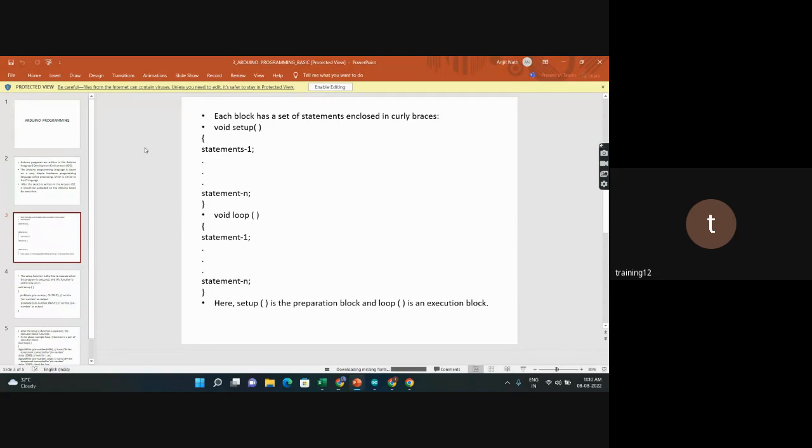The preparation block is void setup, and the execution block is void loop. This is discussed later. You write statements in void setup, then you write statements in void loop. Setup is the preparation block and loop is the execution block.